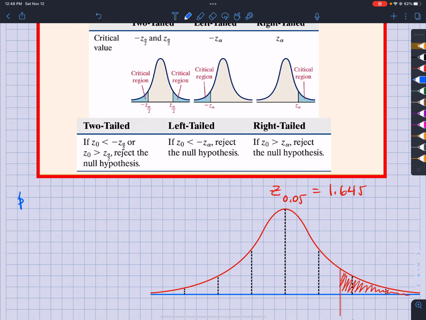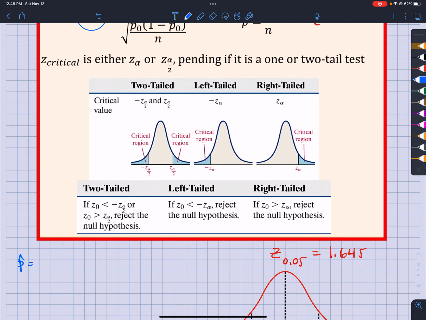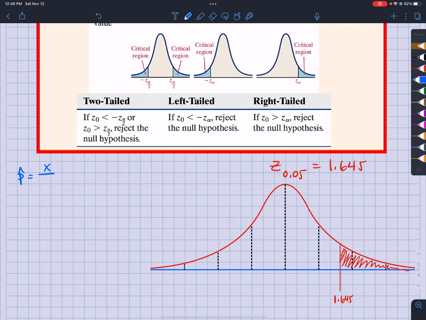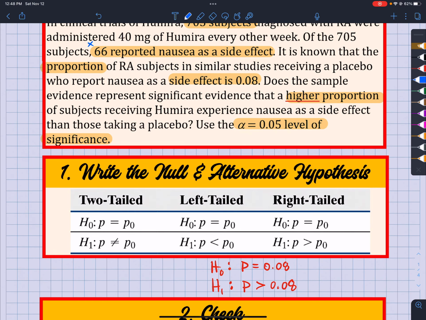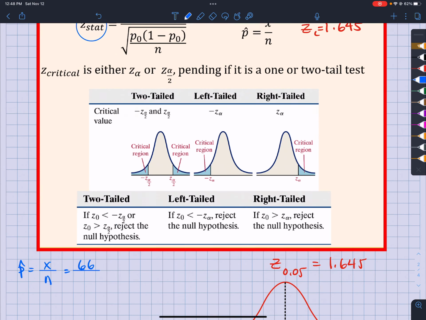So p hat is equal to x divided by n. X was equal to 66 divided by, was that 705? Is that what it was? 66 divided by 705.